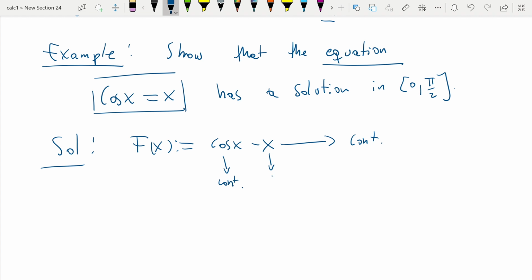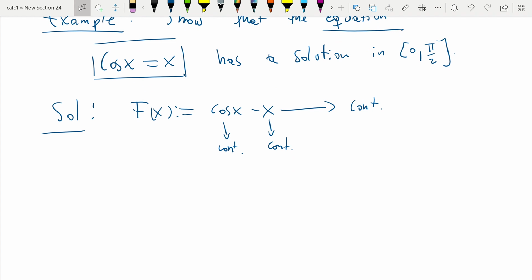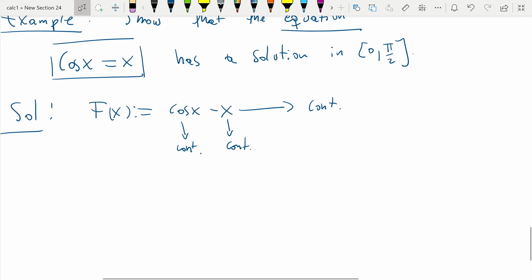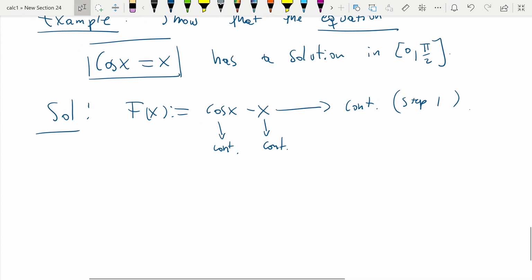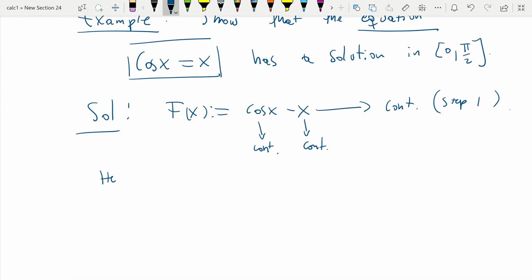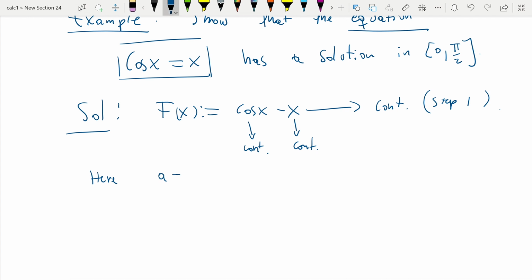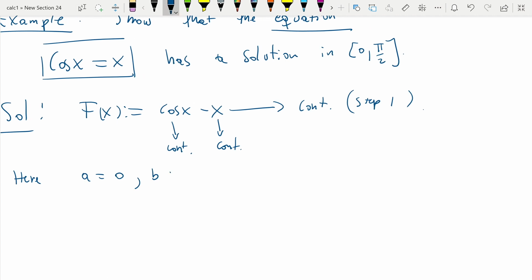This is continuous, and when you add or subtract continuous functions, the resulting function is continuous. So that's step one. Here note that a is equal to 0 and b is equal to pi over 2.